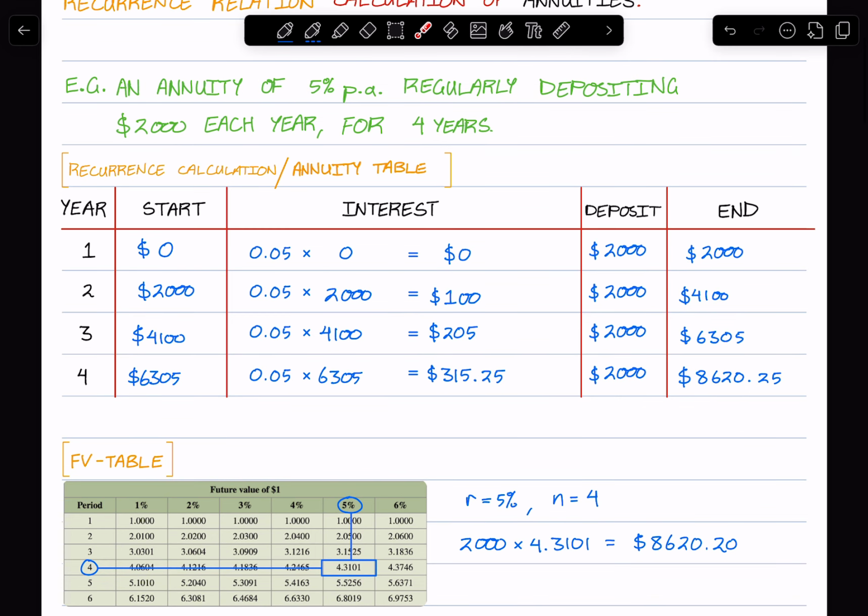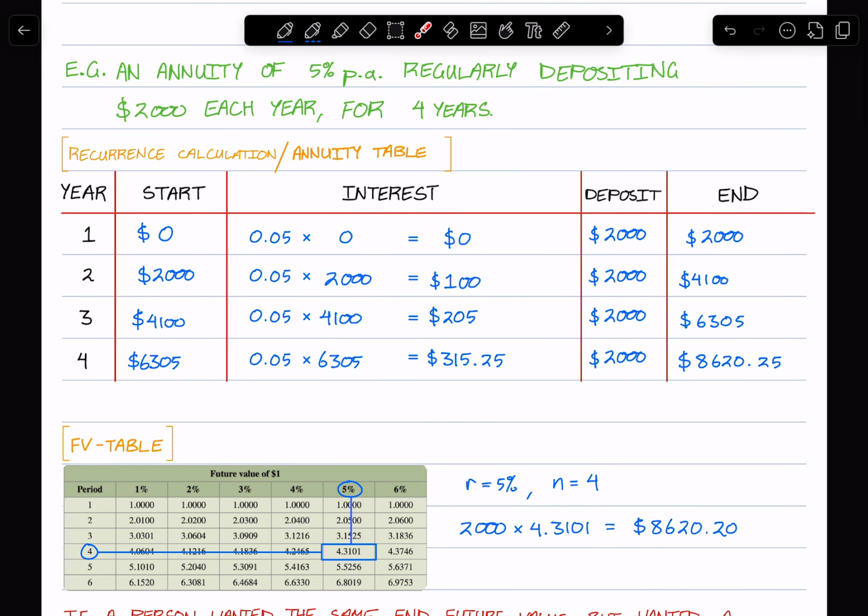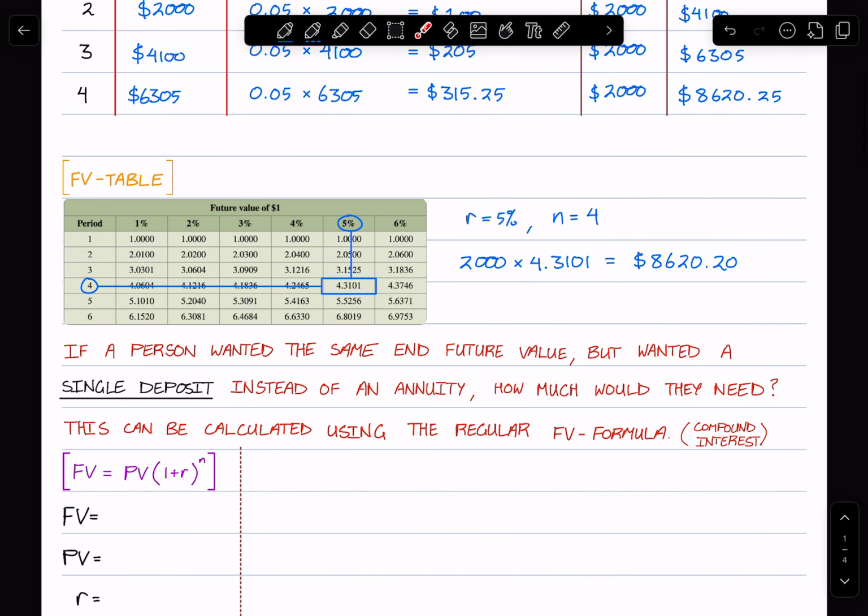Now let's think about what this annuity represents. It's a repeating deposit of $2,000 every single year. But what if the person wanted the same end future value, so they definitely want this amount, but wanted to do a single deposit instead of an annuity?